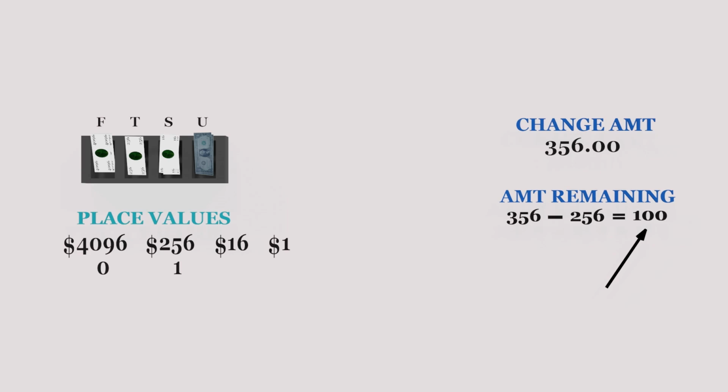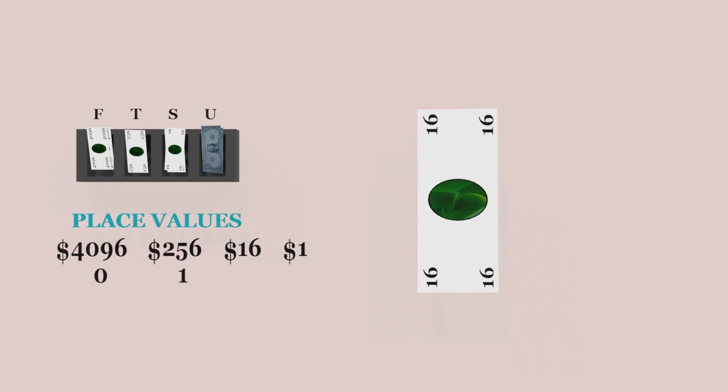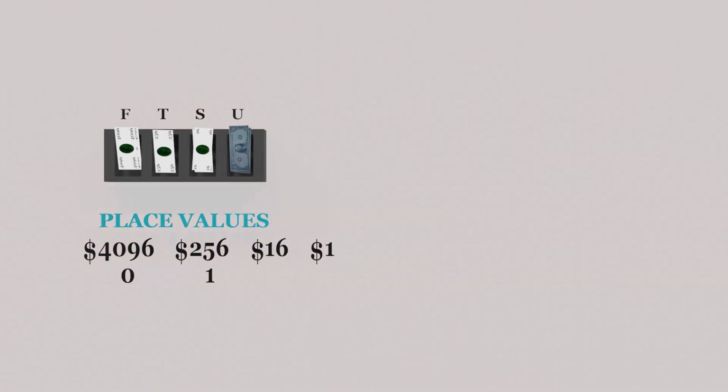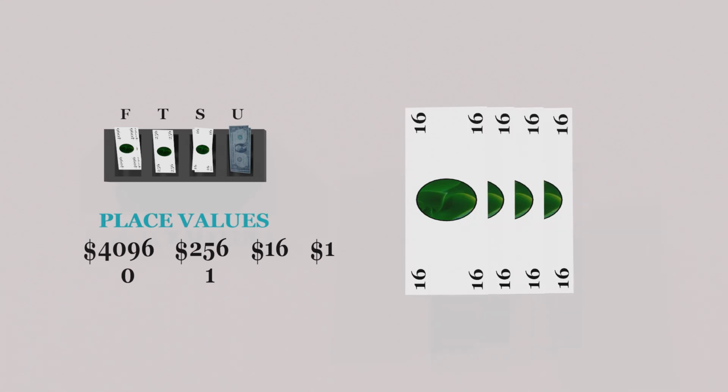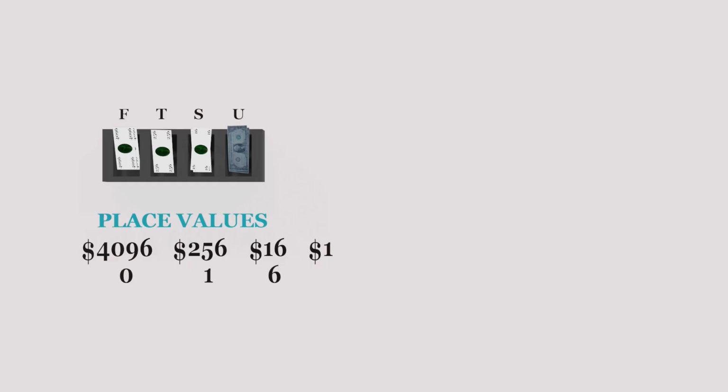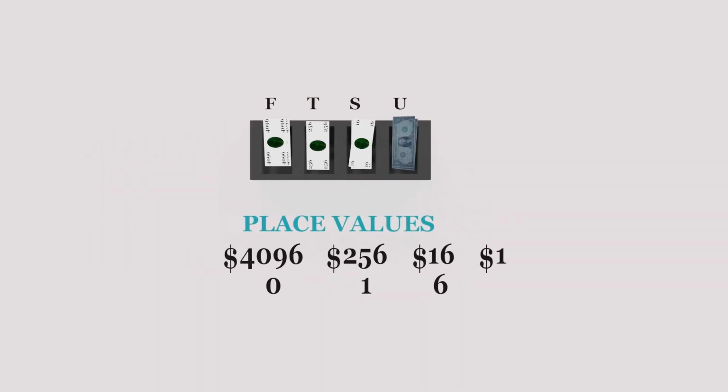Now on to the next denomination, the $16 bill denomination. How many $16 bills can we get out of the remaining change amount of $100? We can get 6. 6 $16 bills add up to $96. So the cashier would give you 6 $16 bills. Our number would now look like this.